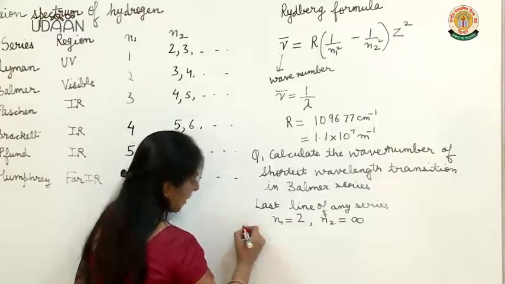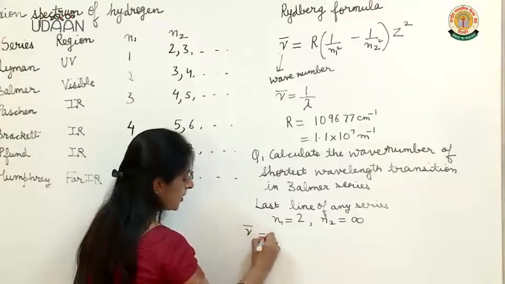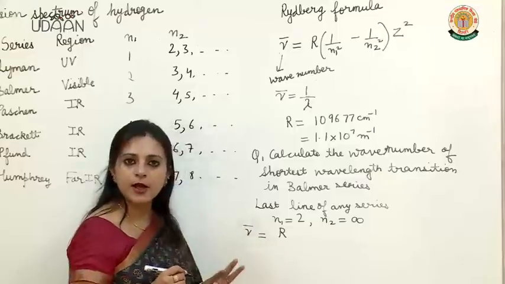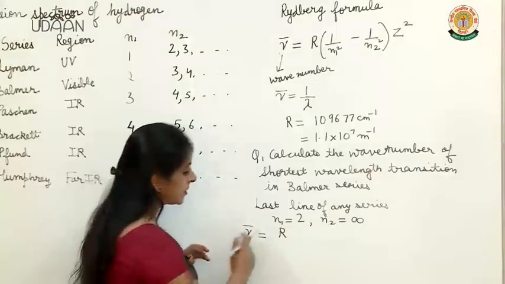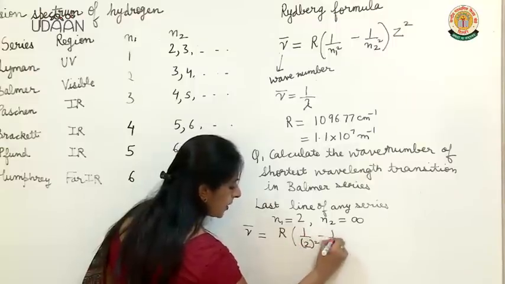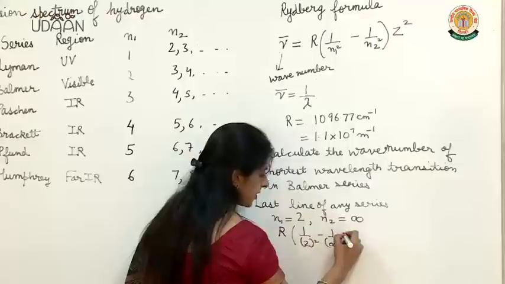Now let us substitute it in the formula. Nu bar is equal to R. First we will find the answer in terms of R and after that we can substitute the value of R. So 1 upon 2 square minus 1 upon infinity square, and we are finding it for the hydrogen atom.